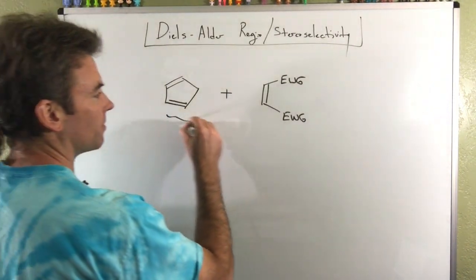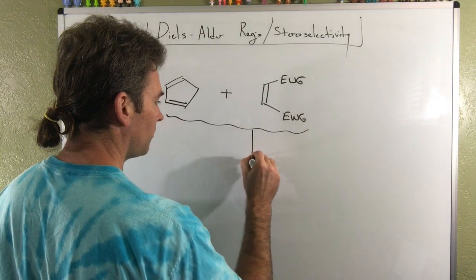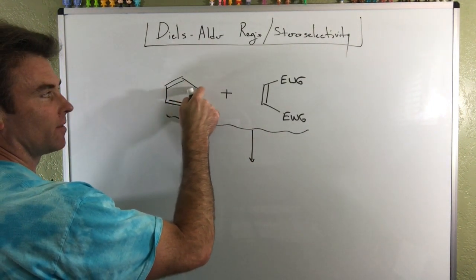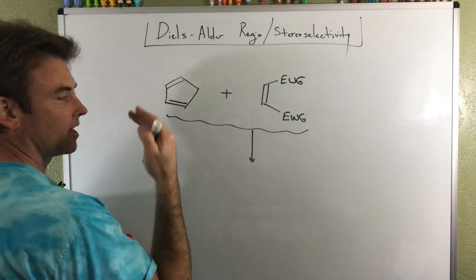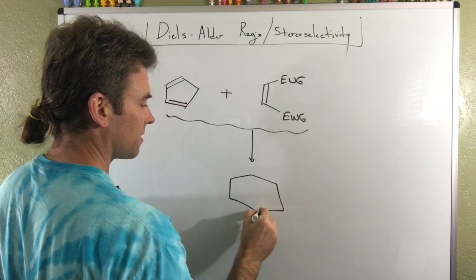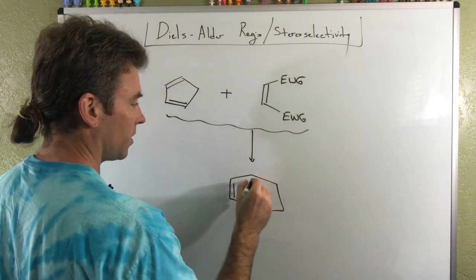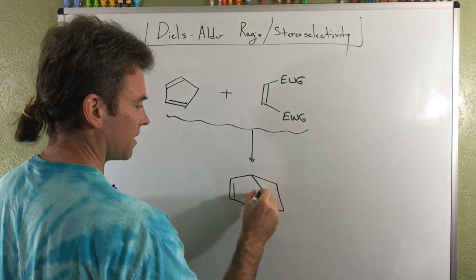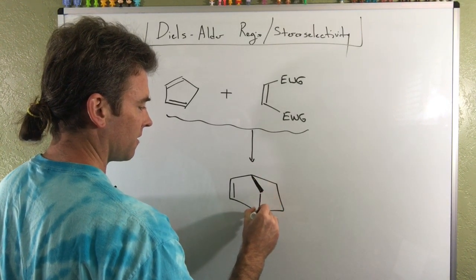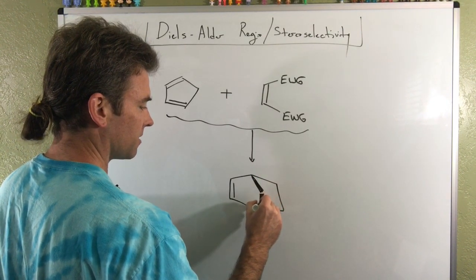So first thing that I'm going to recognize is that this group, the way I was just holding it, that little CH2 group is going to be coming out at me. And so let's start with the six-membered ring, and we're going to put that CH2 coming out at us with these solid wedges.